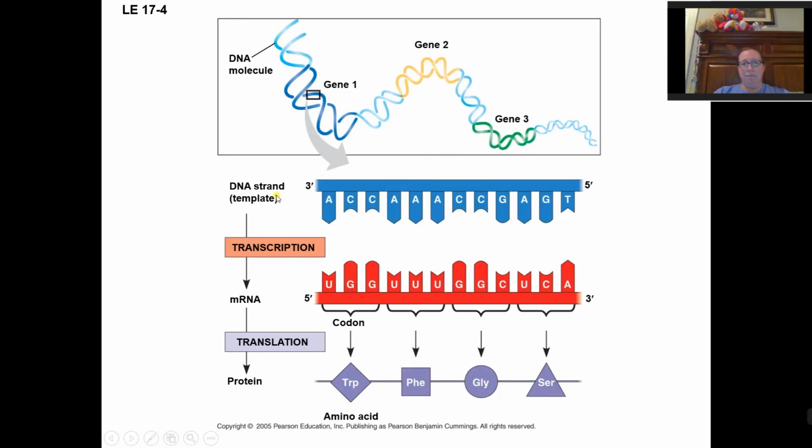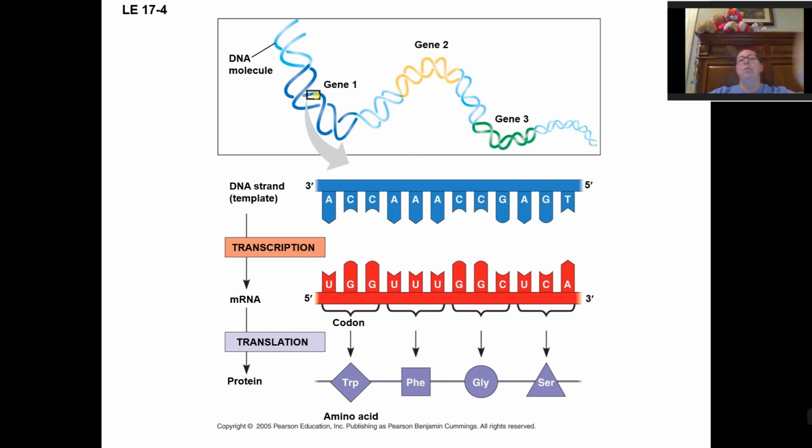All right, so I love this slide. This is probably one of my favorite slides in the entire chapter. Okay, here's your DNA. Gene 1, gene 2, gene 3, gene 4, whatever. You take the DNA and it unzips.